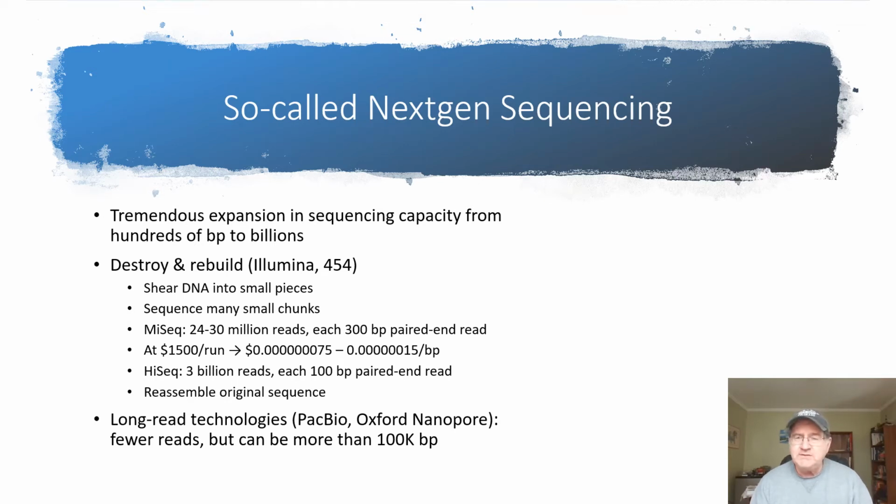Roche 454 sequencing was one that I used years ago. It's kind of fallen out of favor these days, and I don't even know if the company is still active anymore. But the basic idea behind both of those is that you take your starting DNA, and the first thing you do is break it all into little pieces through shearing.